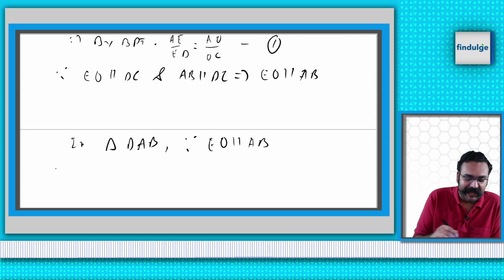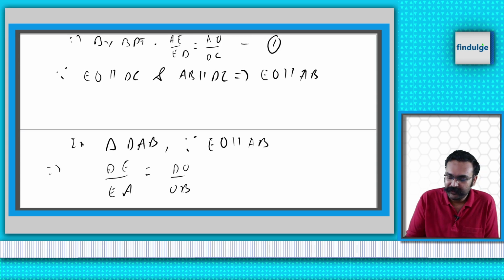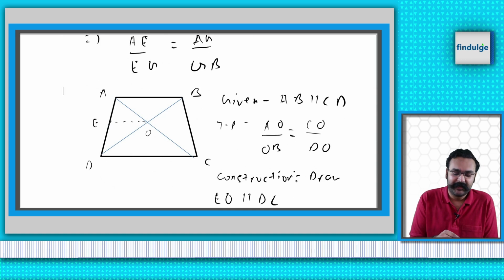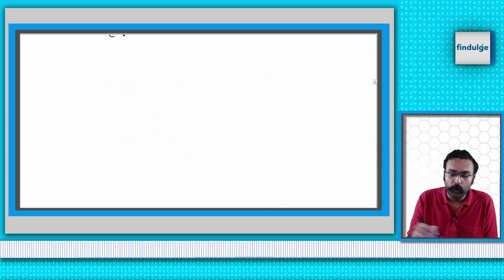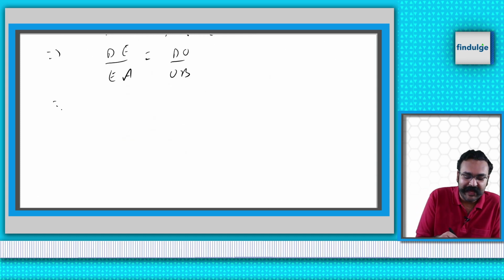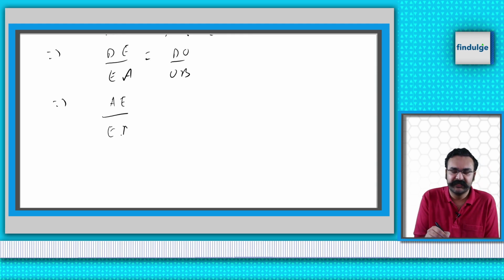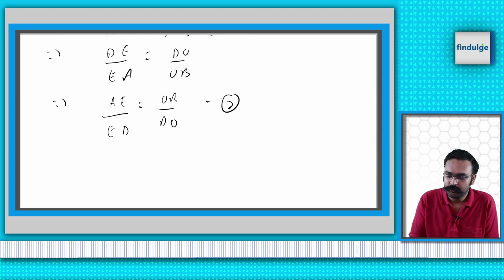it means that DE upon EA is equal to DO upon OB. If I take the reciprocal of this, this means that AE upon ED is equal to OB upon DO, which is now equation 2.